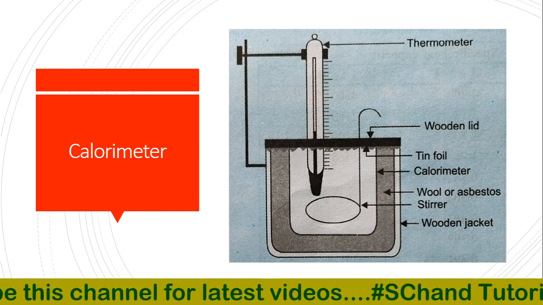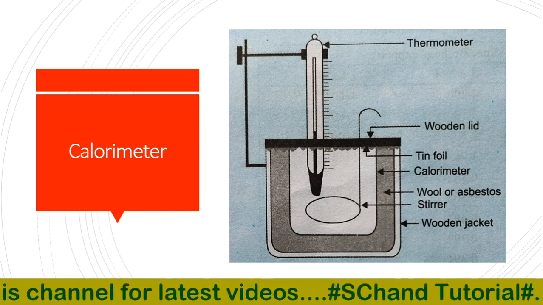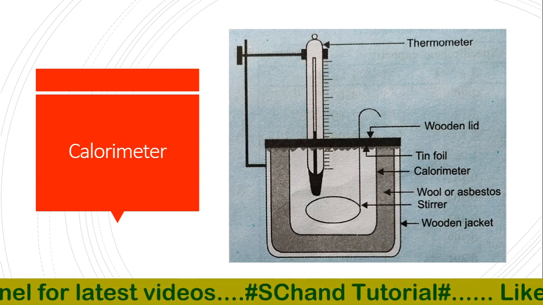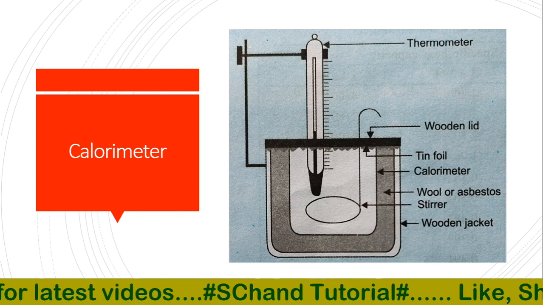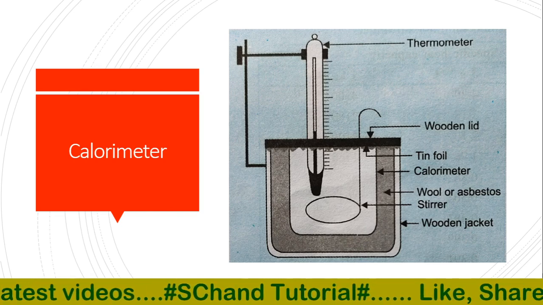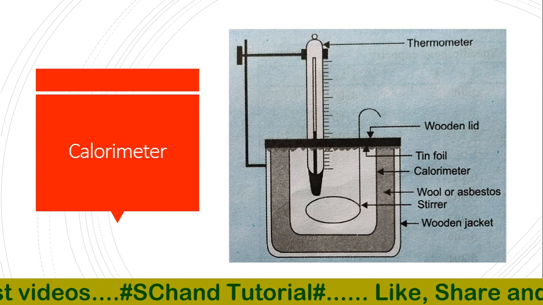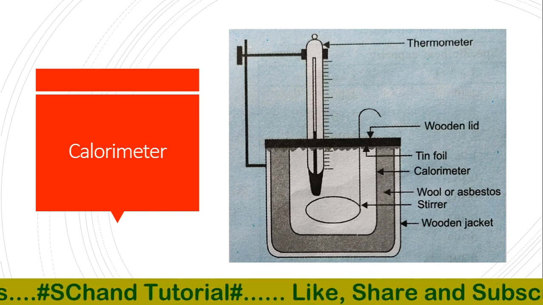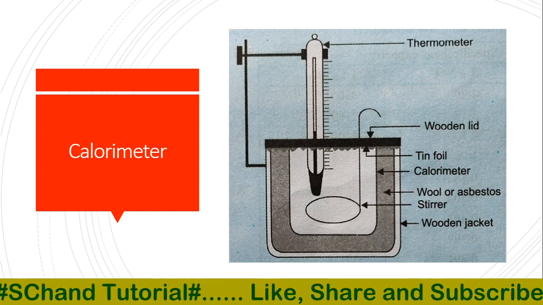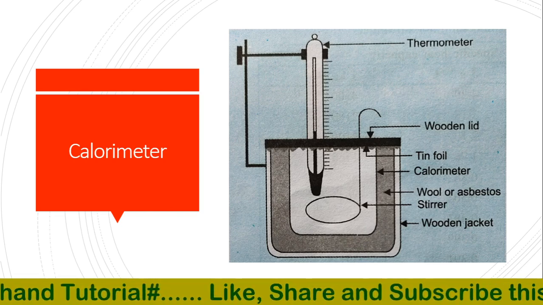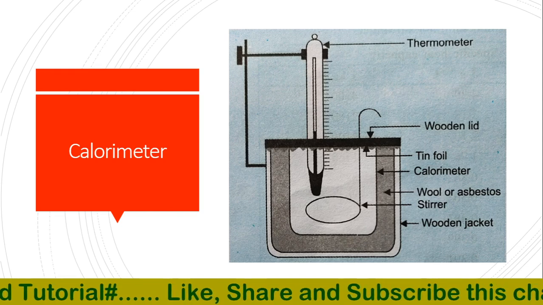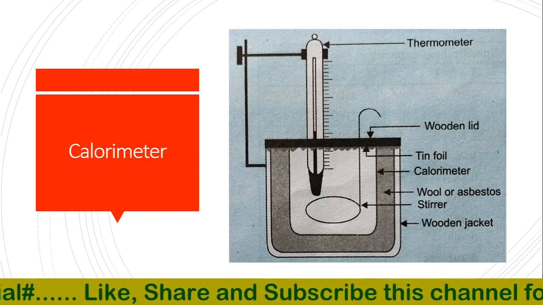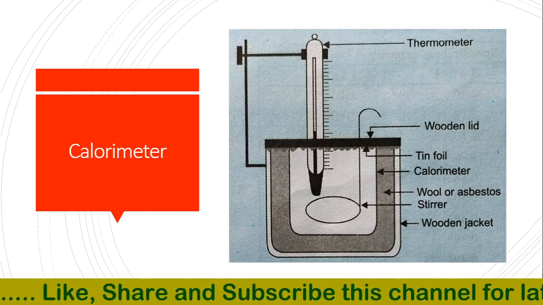So no heat is lost by any process in case of a calorimeter. Whenever the calorimeter is weighed, it is always weighed with the stirrer that is made of copper. So this copper calorimeter is used for the measurement of heat lost or heat given to the substance.